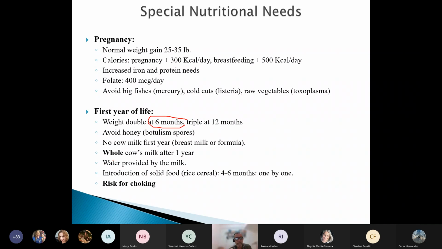It's the same for the baby. But what is prohibited is cow milk. Cow milk can be incorporated after 1 year of age and needs to be whole milk. So the milk that we adults tend to consume, like 2%, 1% or skim milk, is a no-no in childhood, okay?